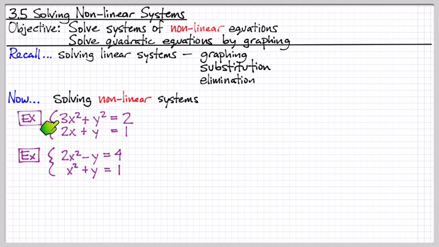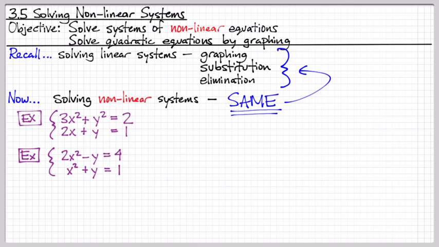It's an ellipse. We haven't talked about that, but we could solve this now as well. So we're going to look at how we can solve these kinds of equations. The nice thing is, exactly the same methods. We can graph to solve, we can substitute to solve, we can eliminate to solve. So we're going to look at all three of these methods next.